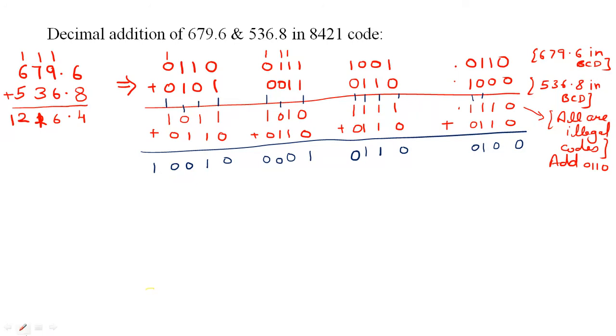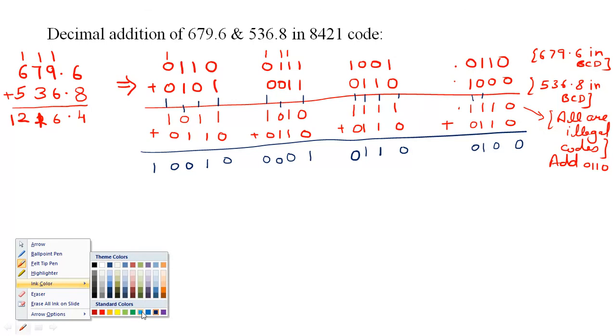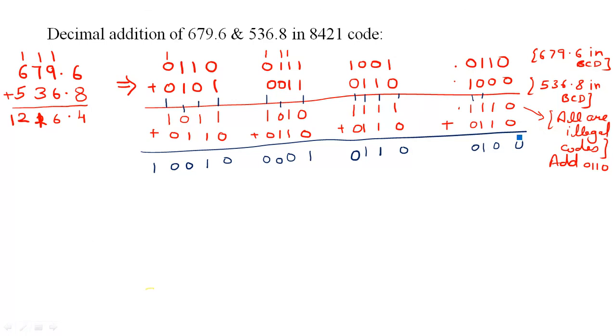So we can write this corrected sum in decimal format. This will be 4, and here is the point, so 0.4. This is 6. This is 1.